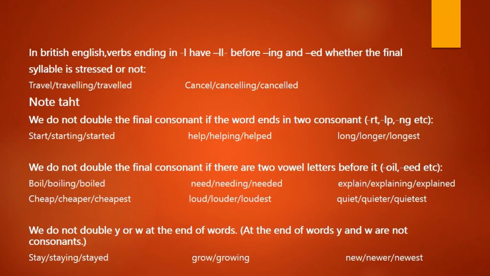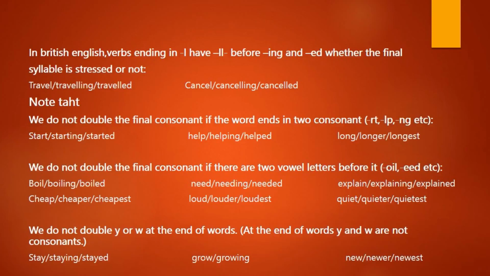Note that we do not double the final consonant if the word ends in two consonants like RT, LP, NG, etc. For example, start, starting, started, help, helping, helped, long, longer, longest.